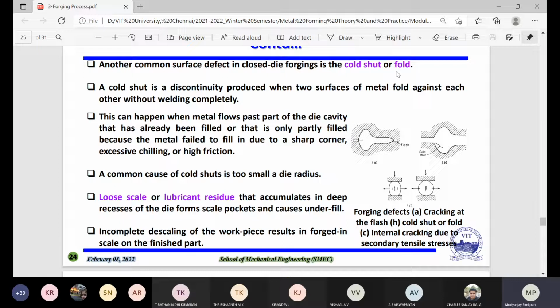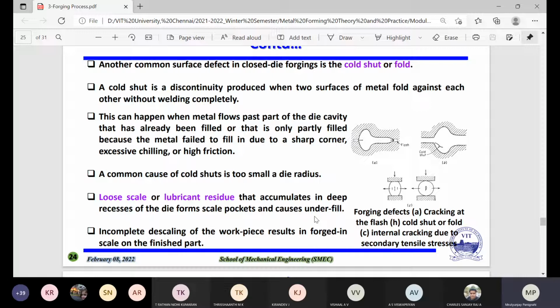Fold means it is overlapping, and the loose scale or the lubricant residue that accumulates in deep recesses of the die can fill scale pockets and cause underfill. If you remember, one time we talked about the underfill in machining. So if you have loose scale, or for example the chips in machining, you remember that chip we are putting.